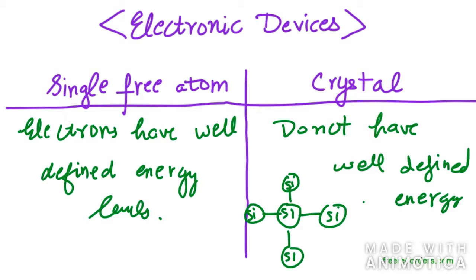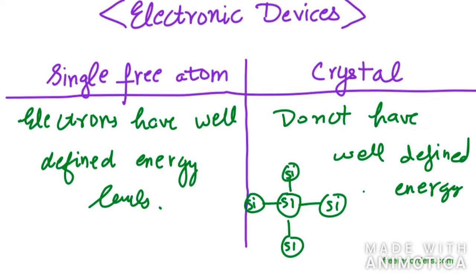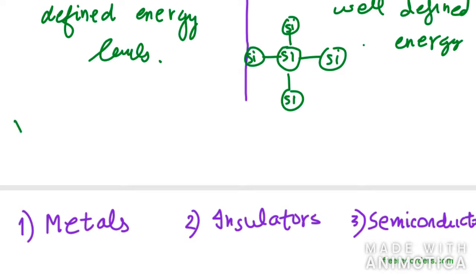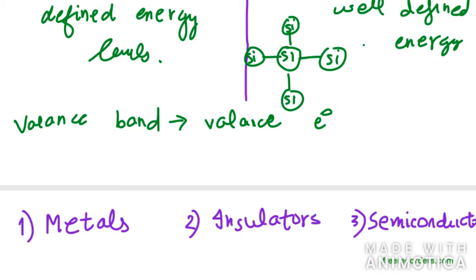From the name of the valence band itself, you can say that it is made up of all the valence electrons of a single element. So this band is known as the energy band formed by a series of energy levels containing valence electrons. Now, the conduction band is the lowest unfilled energy band, formed just above the valence band.